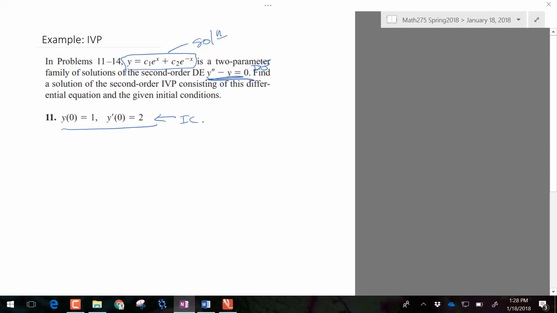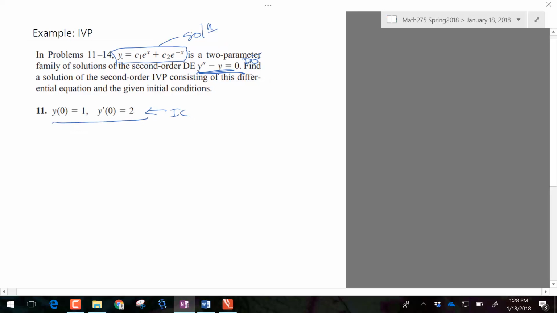In this case, we didn't work to find a solution. They gave us a solution. So in our solution, y is equal to c1 e to the x plus c2 e to the negative x. We see that this is a general solution, and they mentioned that it's a two-parameter solution because you see the two arbitrary constants c1 and c2.